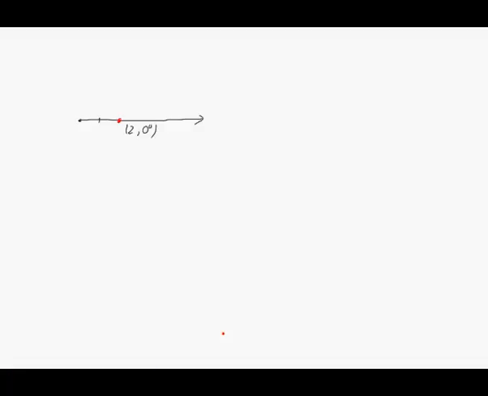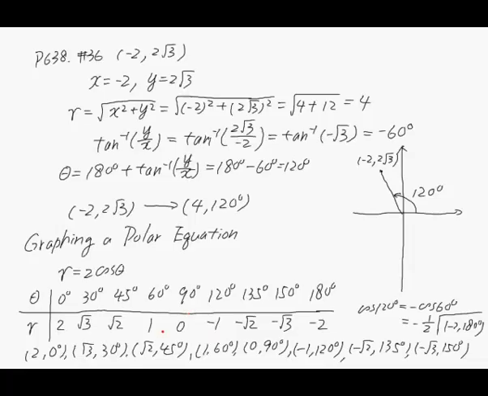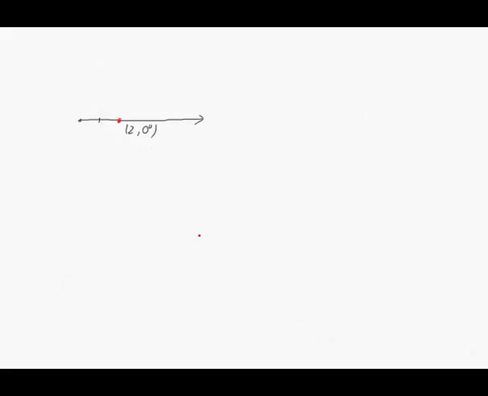And then we have the second polar coordinates, root 3 and 30 degrees. So 30 degrees is here, and root 3 is about here. So this is root 3 and 30 degrees.